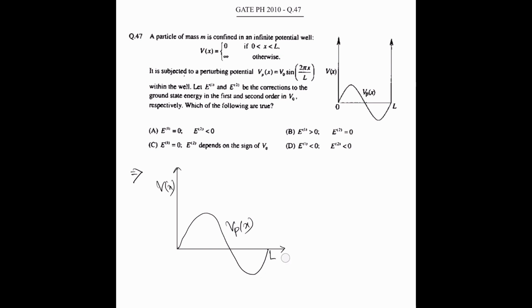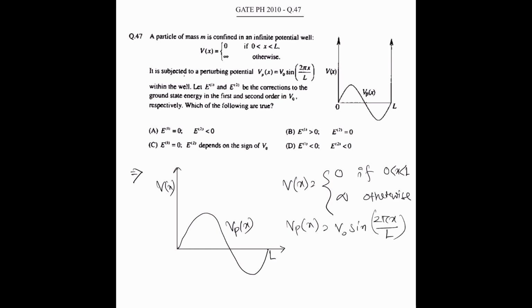The unperturbed potential is a 1D infinite potential well, as you can see, and otherwise infinity, and the perturbation is given as V0 sine 2 pi x by L. So we need to calculate the first order and second order correction to the ground state energy.